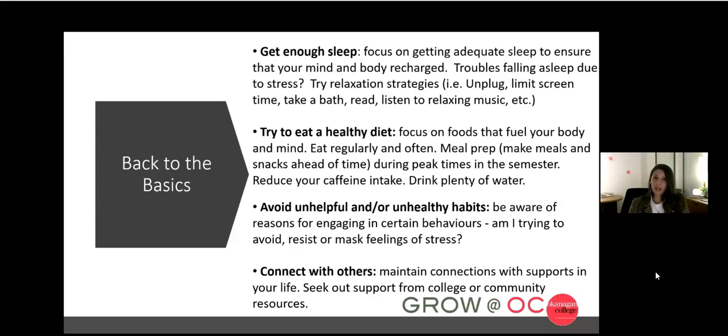And then avoiding unhelpful or unhealthy habits, right? Being aware of why we're doing certain things. Are we doing certain acts to try to avoid our feelings and avoid stress? If so, those stresses are probably going to come back, and quite often they do come back even more powerful, or those feelings of anxiousness, right? And connecting with friends. Again, it's a basic, or connecting with others, I should say, but maintaining those connections in your life or your college or your community.